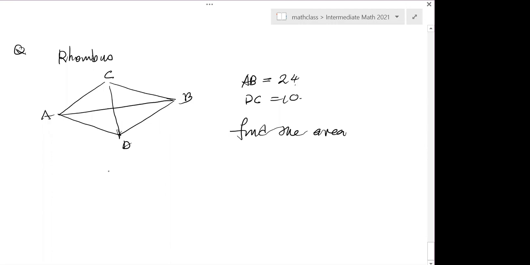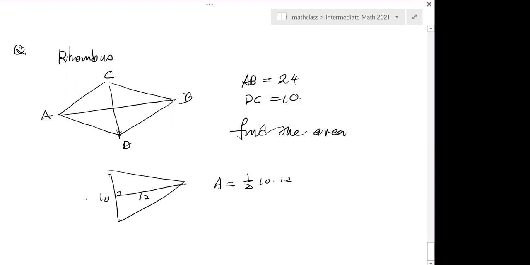Take a look at it. By the symmetry of this picture, you just need to find the area of the triangle on the right-hand side. This would be half, right? It's 12, and this is actually the height. Here the base is 10. So the area of this triangle is going to be half of 10 times 12. But you have to double it.